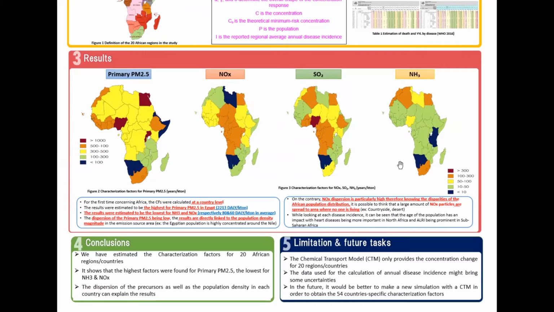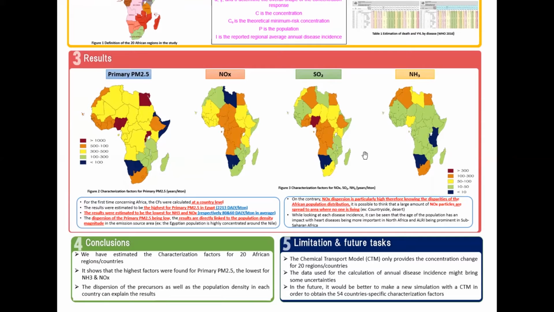So DALY is a disability adjusted life years. And the reason for the difference between the substances is the dispersion of pollutants. So the dispersion is lower for PM2.5 and higher for SO2, for example.